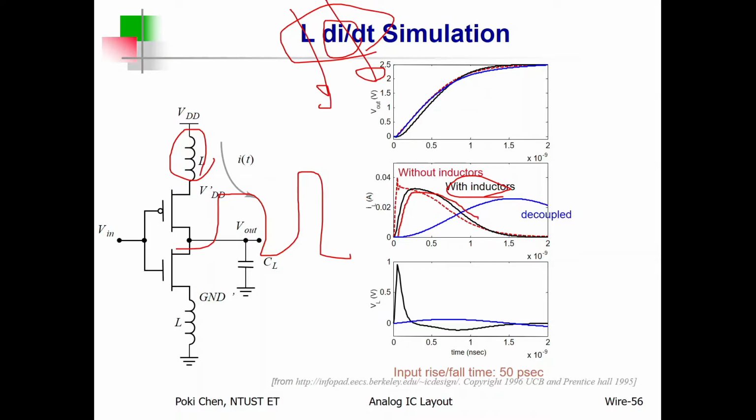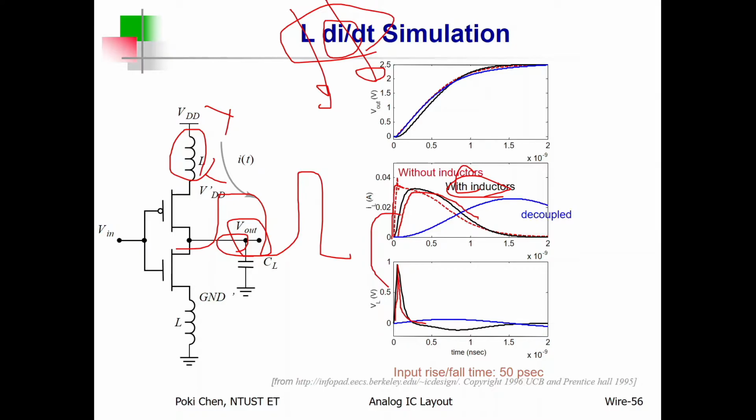Without the inductor, the current can change very fast, but with the inductor, it cannot. But the price, as I mentioned, is you need to see such a huge change in terminal voltage of the inductor. It will cause a huge voltage drop at the output. It is not okay at all.